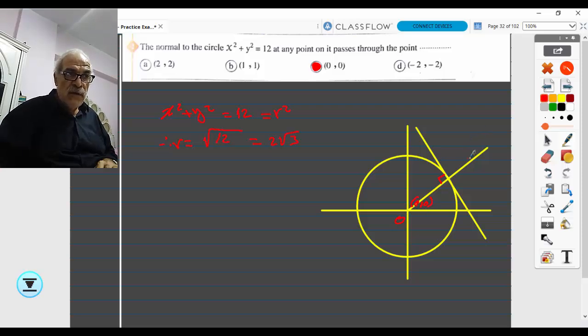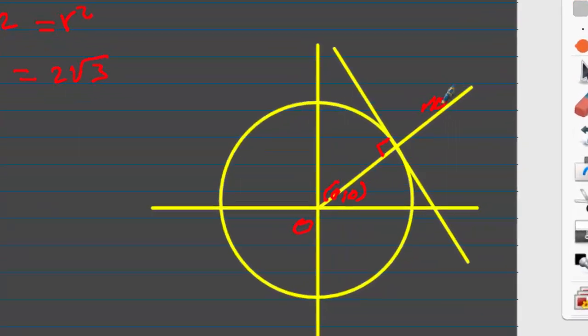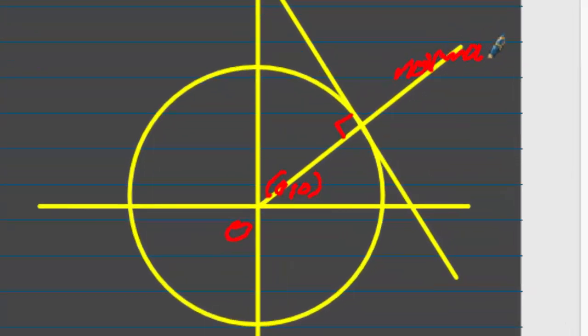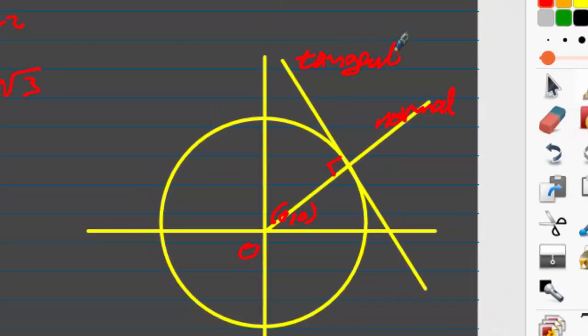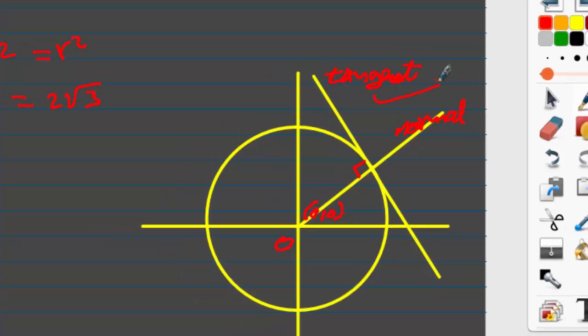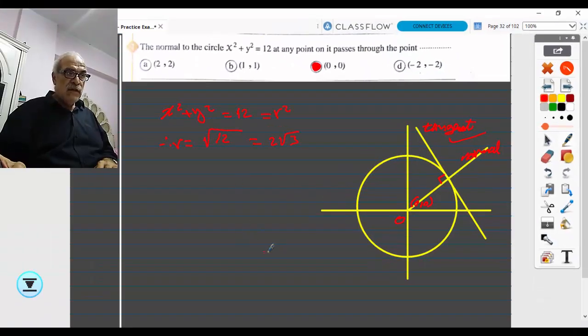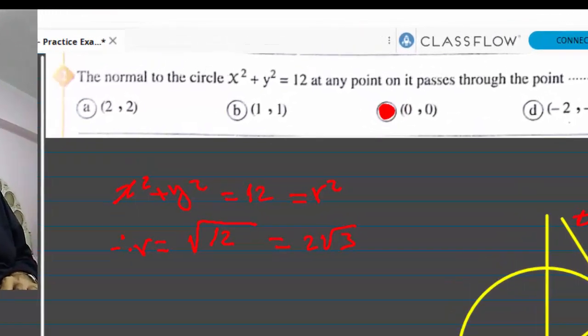So here is the normal to the circle, and here is the tangent to the circle. Okay, so what is the solution? It will be the origin point.